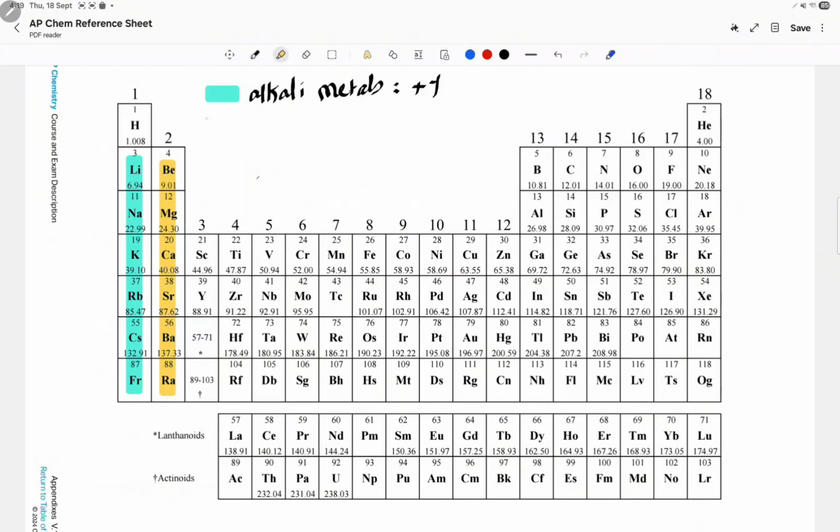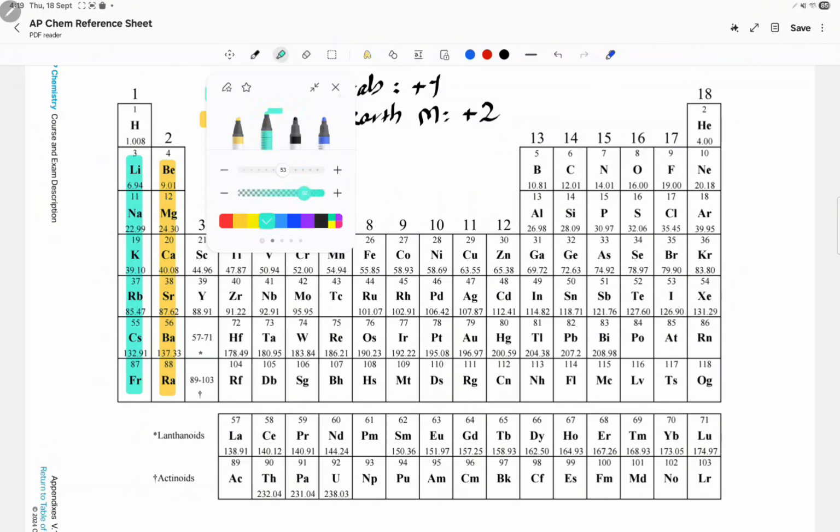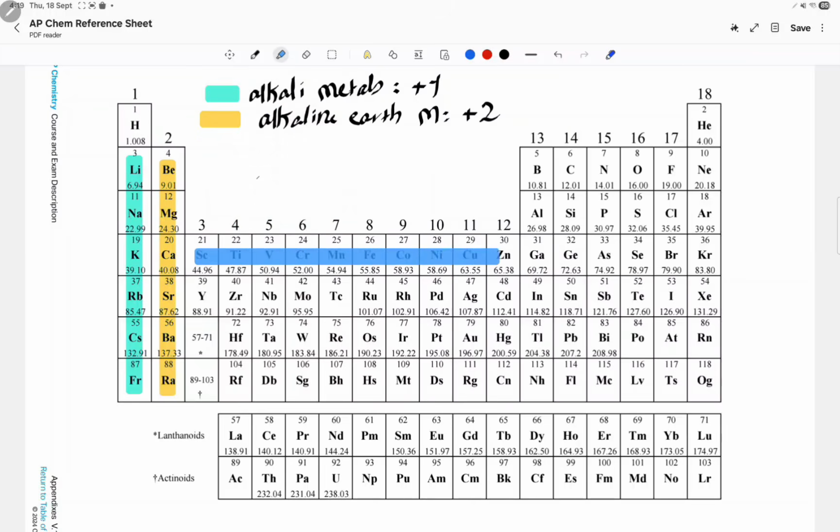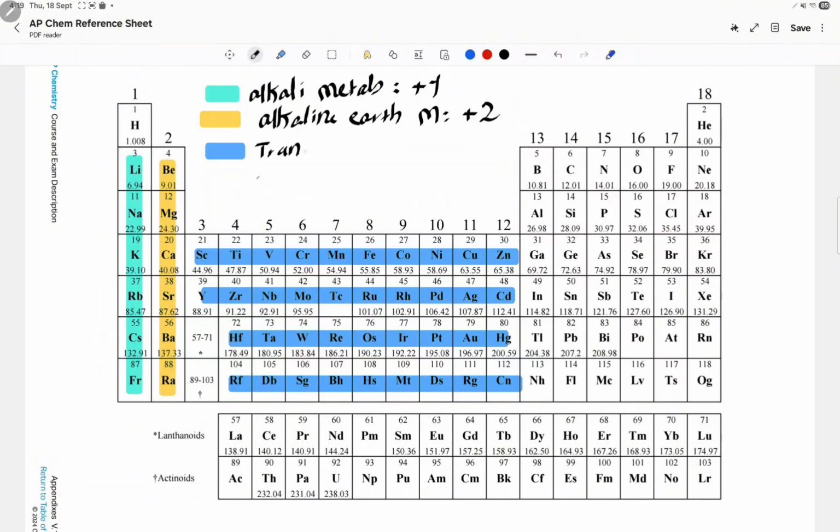Group 2 are alkaline earth metals and they are +2 charge. From 3 to 12, they are called transition metals, whose charge is variable for almost all of them, except for zinc, cadmium, and silver, which we already took care of. So transition metals.